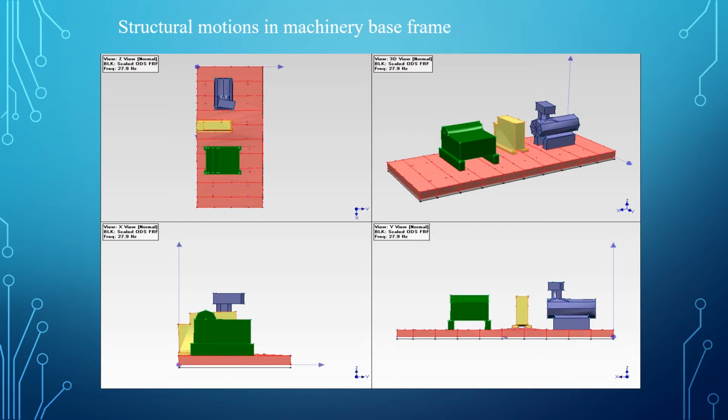The yellow block in the middle refers to a gearbox, and as you can see here, it is shown to have a high solid body mode while vibrating on the base frame. As can be seen in this slide, the red plate connected to the base frame is rising and falling, and this indicates some kind of a puffing action. This is highly undesirable and it is dangerous from the point of view of equipment design and integrity.